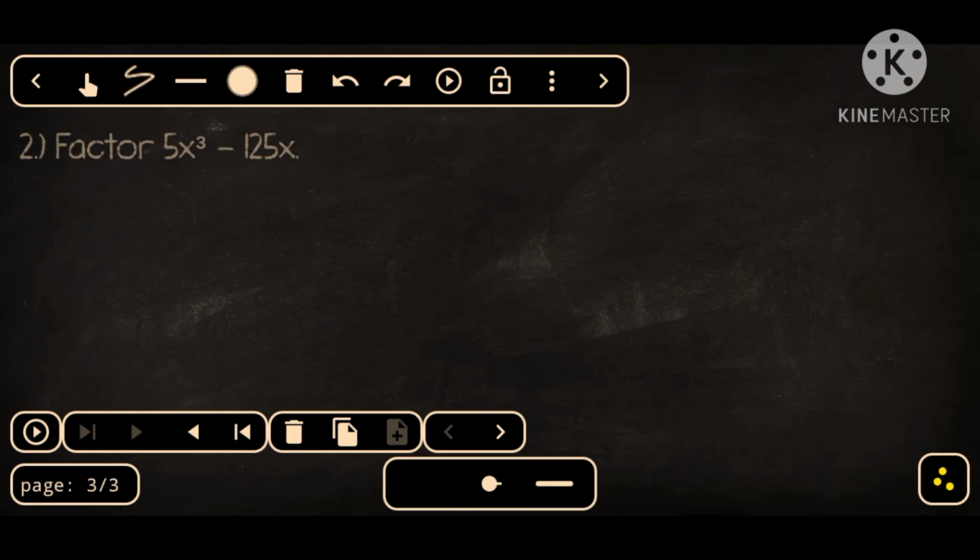So it doesn't satisfy the condition that we can use difference of squares. So how are we going to apply difference of squares in this example? We will apply first the first technique, the common factor with highest degree.